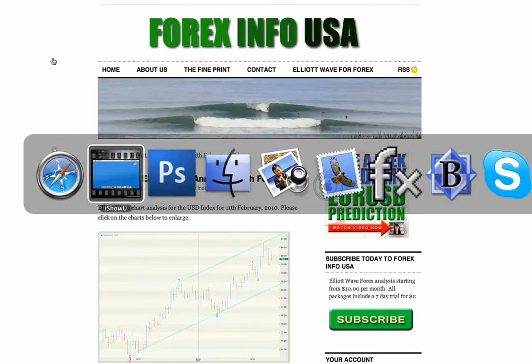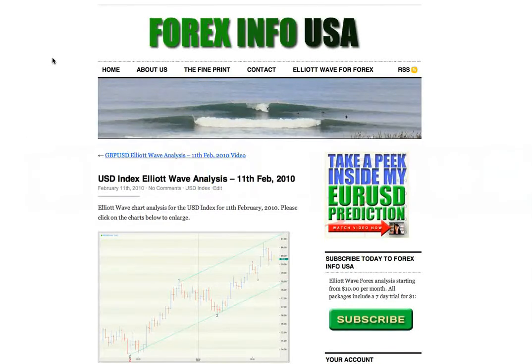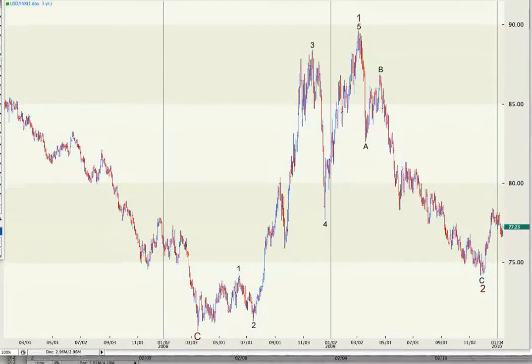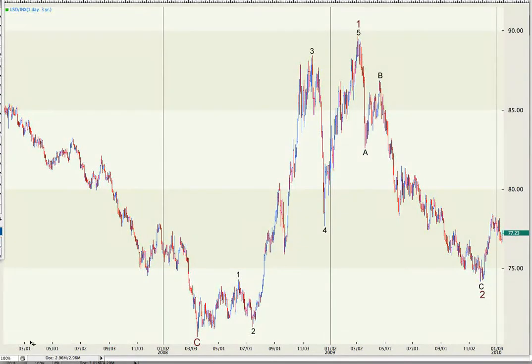Starting off your analysis today for the US dollar index, going back to a chart that takes us back to the beginning of 2008, we had a 5-wave down impulse for C, this maroon as primary level, followed by intermediate 1, 2, 3 with a deep correction for 4, 5 up to finish a wave 1 up, followed by a 3-wave structure for a second wave down, and we're starting out in a primary 3rd wave up.